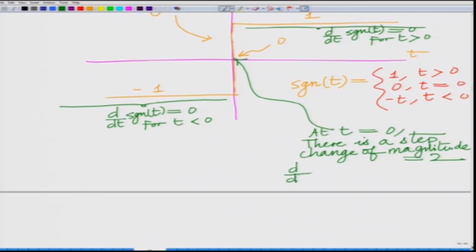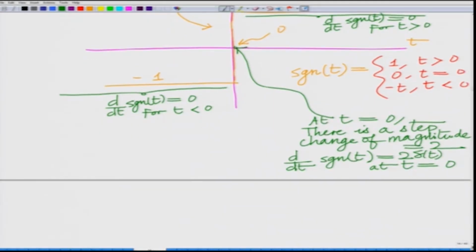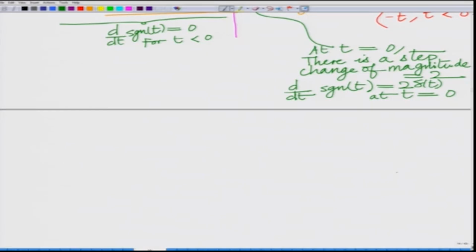Therefore, d by dt of sgn t equals 2 delta t. So, you can see it is constant, step change at t equal to 0 and again constant for t greater than 0. Therefore, the derivative is basically twice delta t, since the change occurs only at t equal to 0.